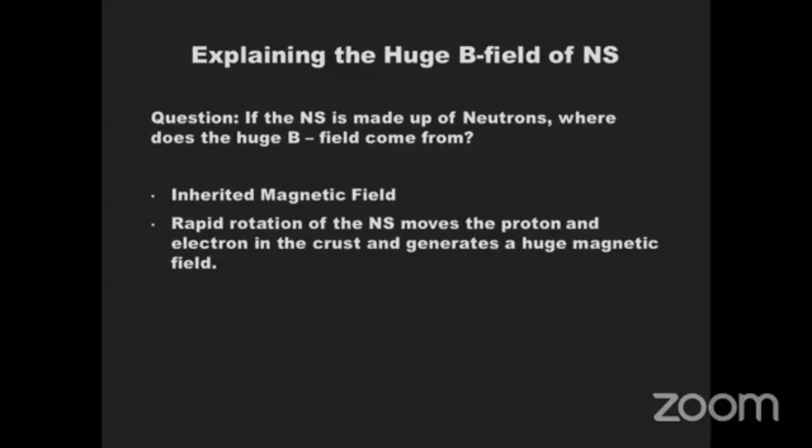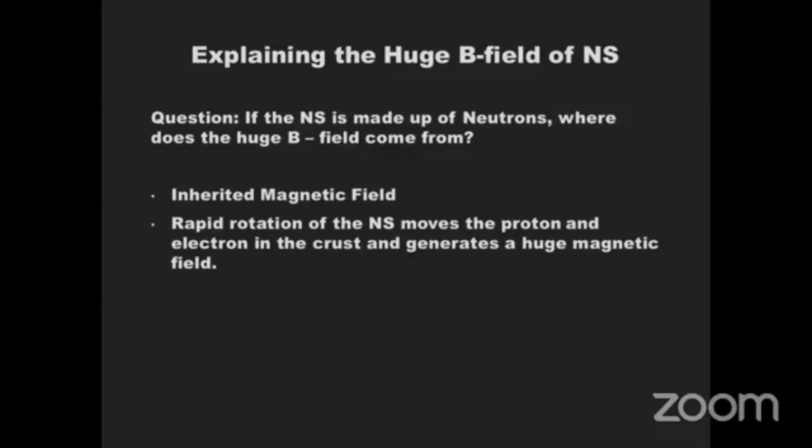Now imagine you increase the surface area of this light bulb. The power is going to reduce because of the huge surface area. Now imagine again, you reduce the surface area even lesser than what it was before. You will see that the power will increase. So that is why the magnetic field of a neutron star is amplified.